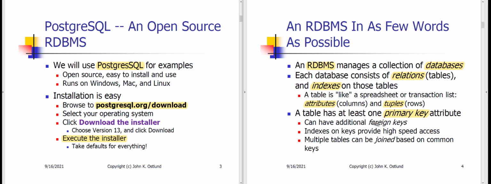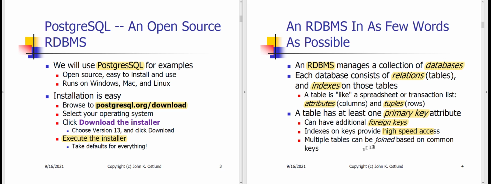It's also possible to have additional keys called foreign keys that allow you to link together the values in one table with values in some other table. And basically, the reason for these indexes is to optimize the speed of access of records in the various tables.